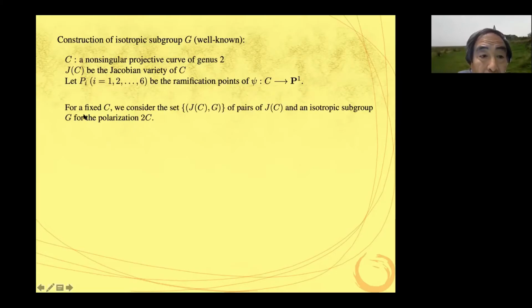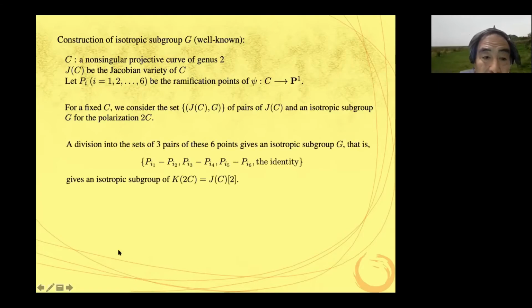For a fixed C, we consider the set of pairs of Jacobian and isotropic subgroup for the polarization of 2C. Then it is classically known that division into a set of 3 pairs of these 6 points gives the isotropic subgroup G. So like this.